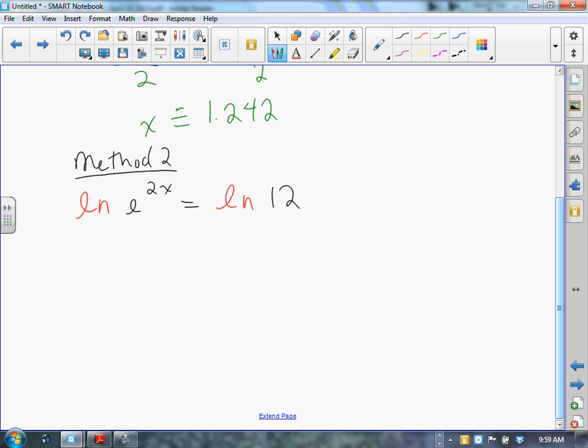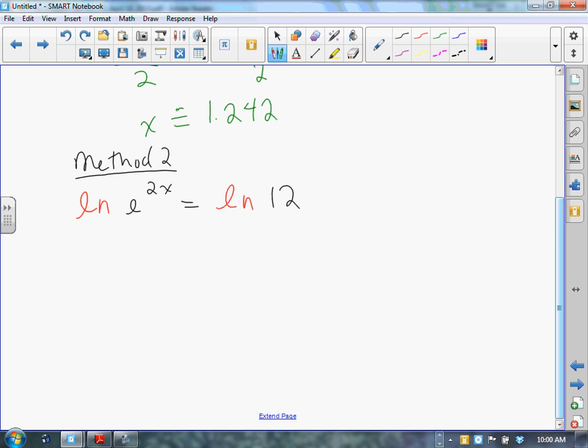So method 2 has to deal with a little known fact that we had proved last term when working with logarithms, where we took the log of a power. So this really is ln e to the 2x. This is the logarithm of a power. There was a power rule. Did I recall that one?